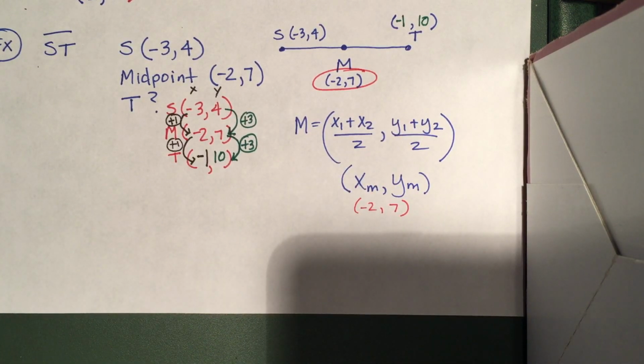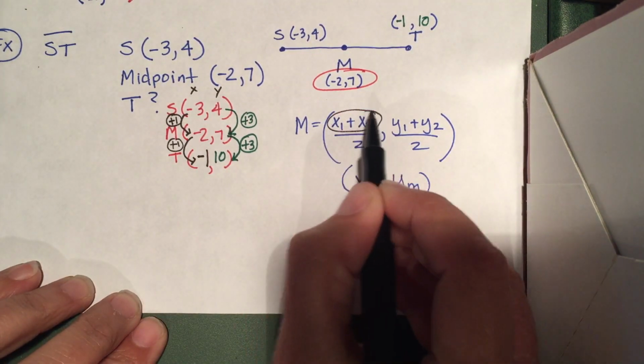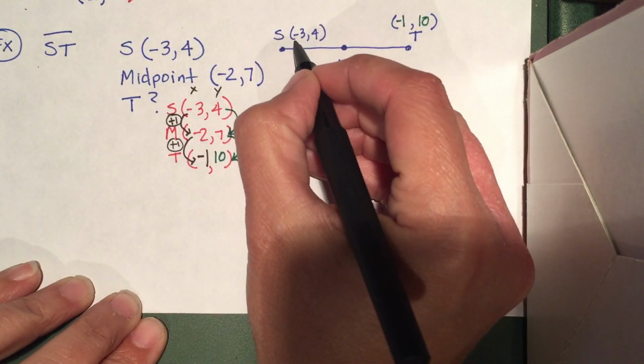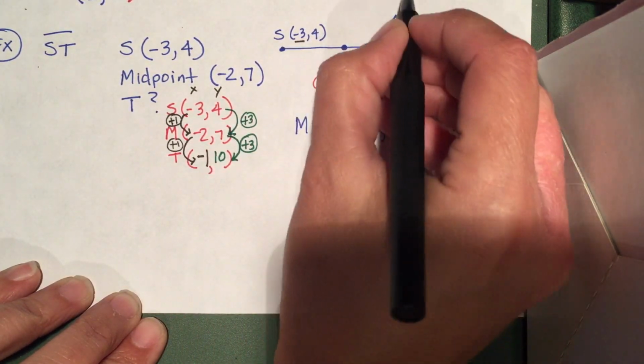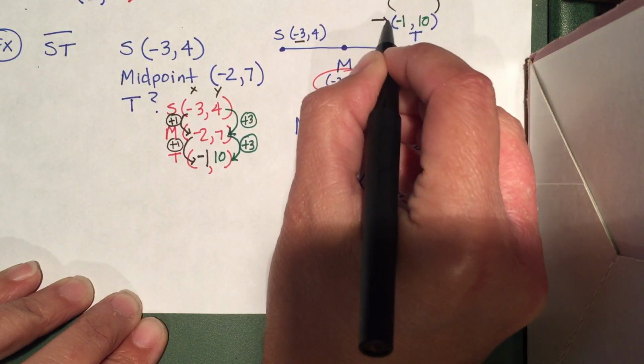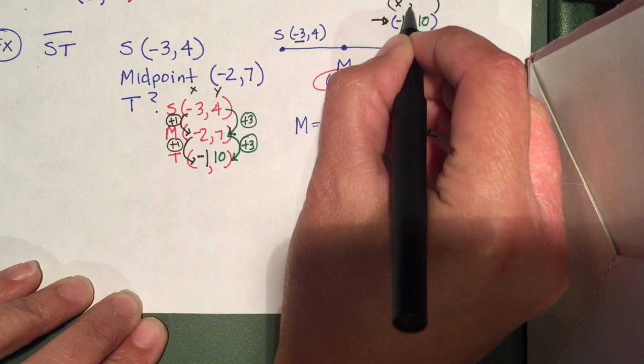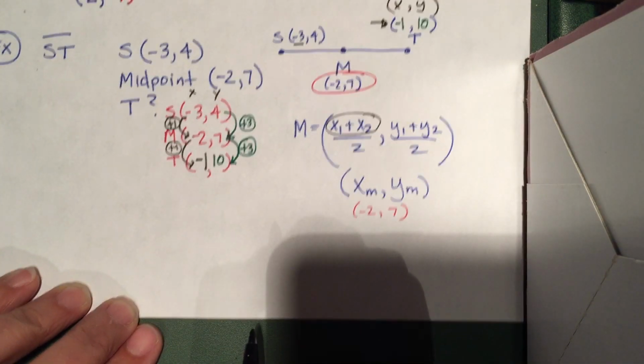So let's do the two averages. All right, so using the midpoint formula, I'm going to take my two x's, which are -3, and we don't know this. Remember, we just found this. We're going to assume we don't know this yet. So T is just x, y.